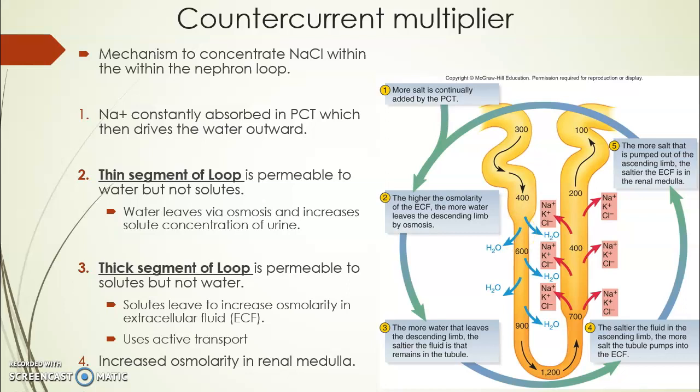So the filtrate in the thin segment of the nephron loop is going to become more concentrated with solutes as water exits. As water exits, the solute concentration multiplies, becoming more concentrated, so we have more abundance of water on the outside.